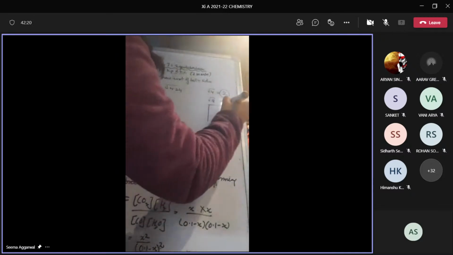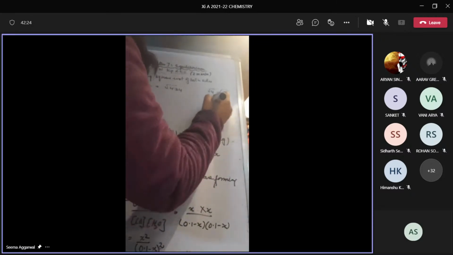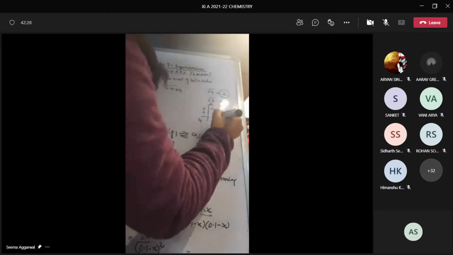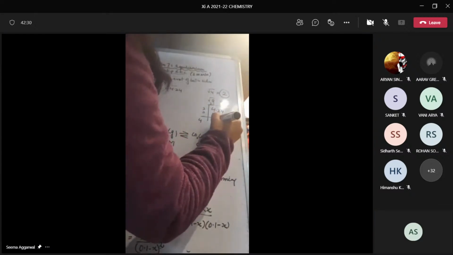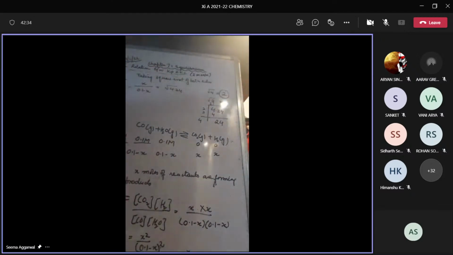Do you know how to calculate the square root? 2 to the 4, ये आ गया, 2 plus 2 is 4, यहाँ पर 0.24 आ गया. अब कैसे करेंगे? What will be the square root?